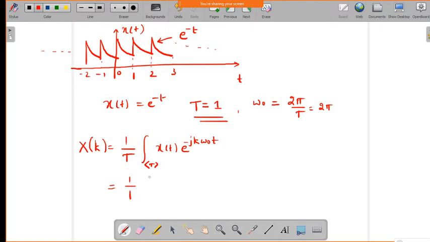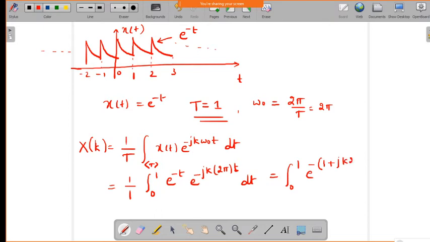So here 1 over 1, from 0 to 1, X of t is e power minus t, and e power minus jk omega naught t is e power minus jk 2 pi t, into dt. So now this gives, from 0 to 1, e power minus, taking common, (1 plus jk 2 pi) into t, dt. Now you have to integrate this and you will get the value for X of k.